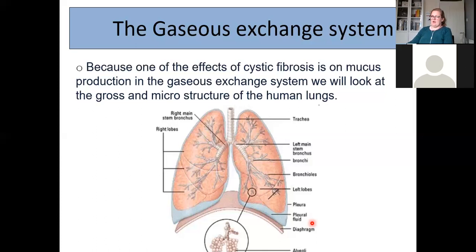It can be that we've got fluid in some other way, but often there can be issues with the pleural fluid, and there might be an injury to the lung where some of that pleural fluid has then got in. And then obviously the diaphragm sits underneath, and the diaphragm plays a huge part in helping our lungs to contract and expand. And then we have the alveoli at the end. They look like little grapes.